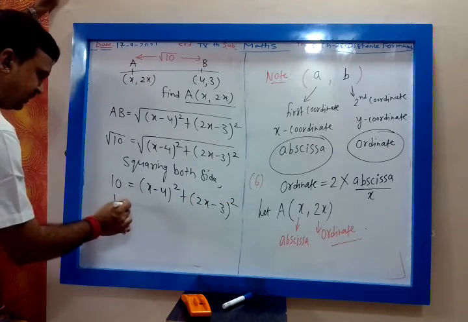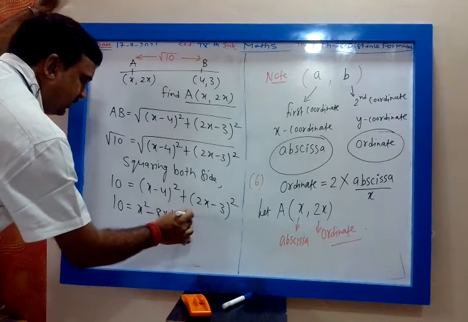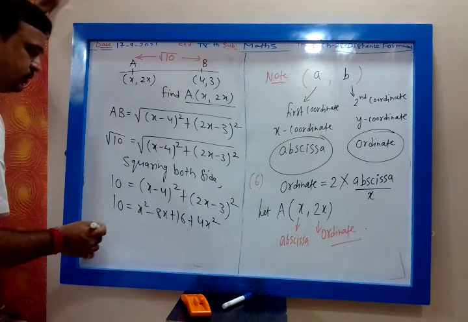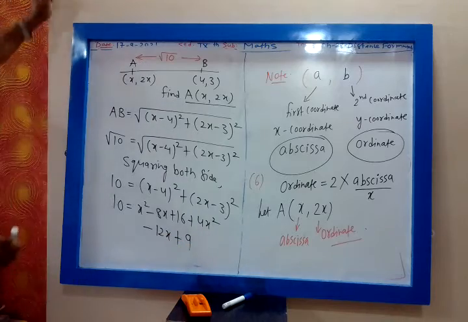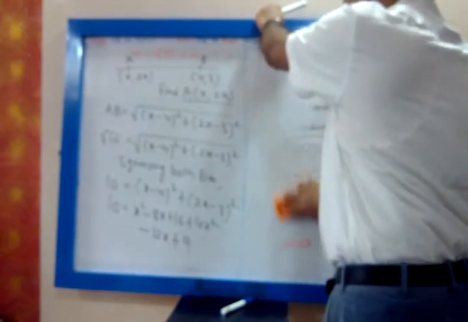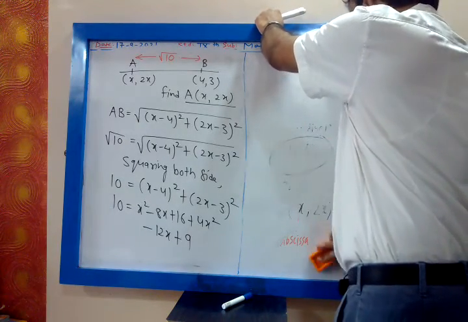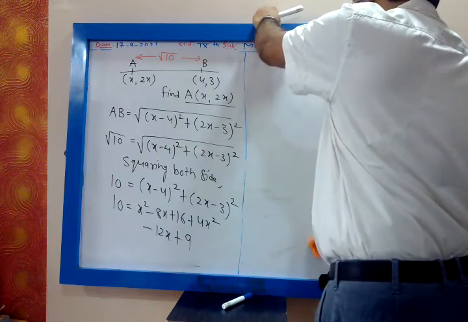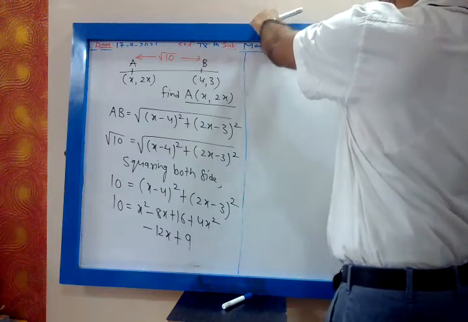So 10 is equal to x square minus 8x plus 16 plus 4x square minus 12x plus 9. Simplify: x square plus 4x square is 5x square, minus 8x minus 12x is minus 20x, and 16 plus 9 is 25.